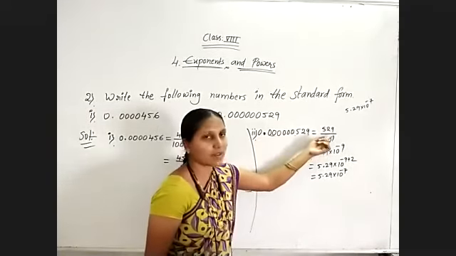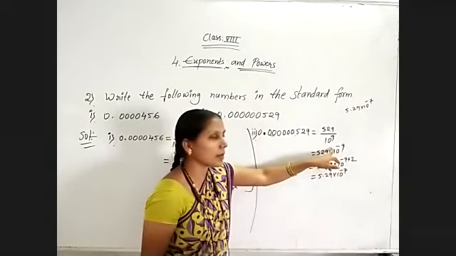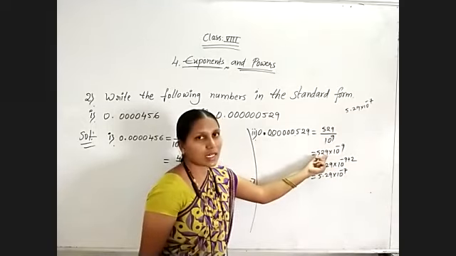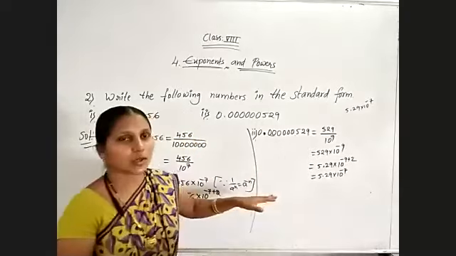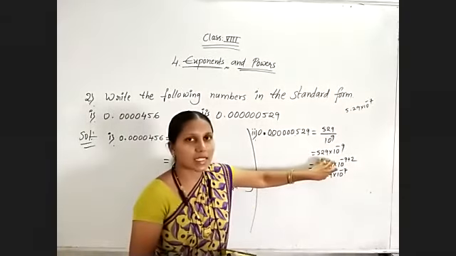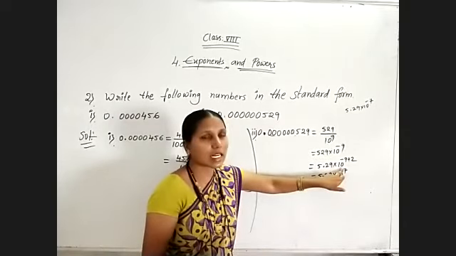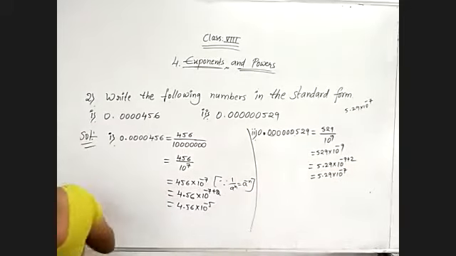Bringing it to the numerator, it becomes minus 9, a negative exponent. Still it is not in decimal value. Standard form means compulsorily we need to indicate one part as a decimal number and the other part as integral powers of 10. Okay, now coming to the next question.